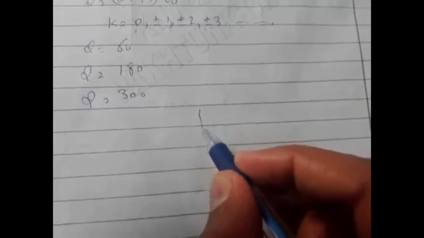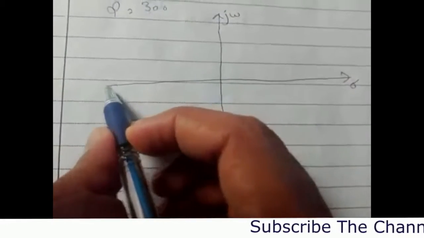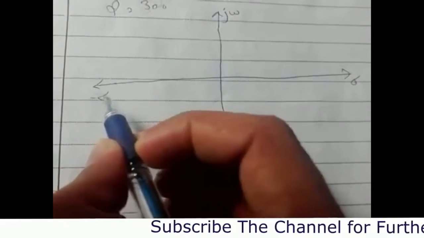So let's plot it on a graph. This is the j omega axis, this is the minus j omega, this is the sigma, and this is the minus sigma.